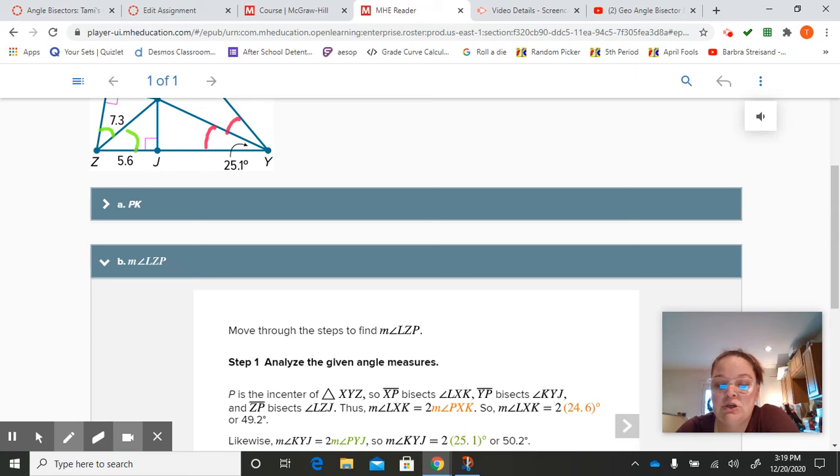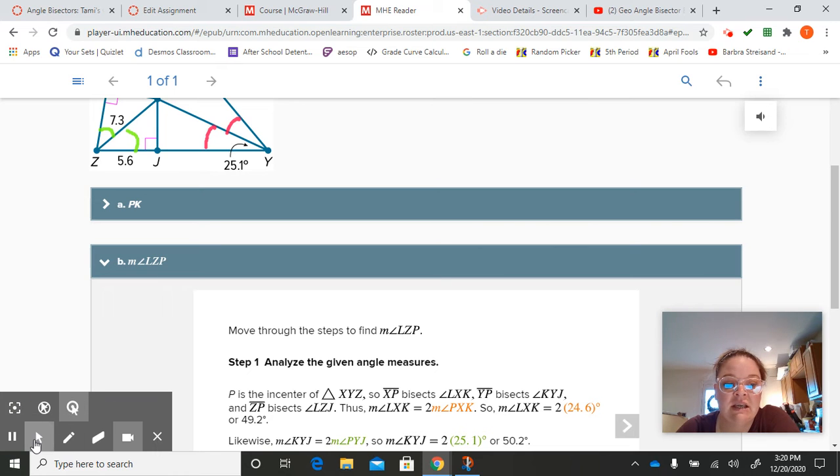Thus, the measure of angle LXK is equal to 2 times the measure of the angle PXK. So LXK is 2 times 24.6.